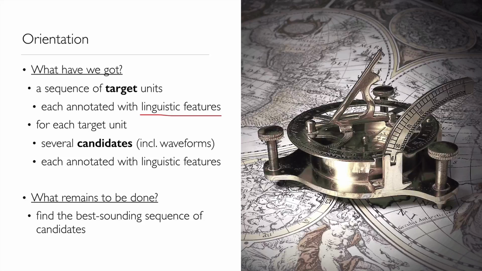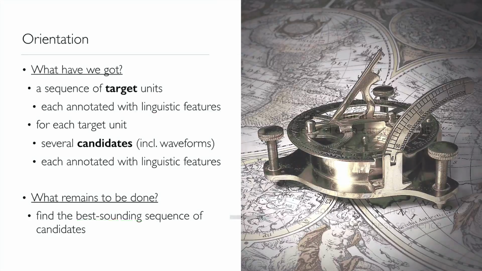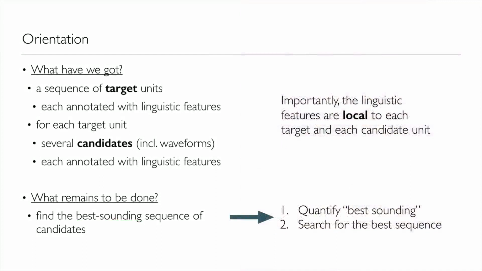And we're going to need some principle on which to select from all the different possible sequences of candidates. And of course, what we want is the one that sounds the best. And we're going to have to formalize and define what we mean by best sounding, quantify that, and then come up with an algorithm to find the best sequence. It's important to remember at all times that the linguistic features are locally attached to each target and each candidate unit.